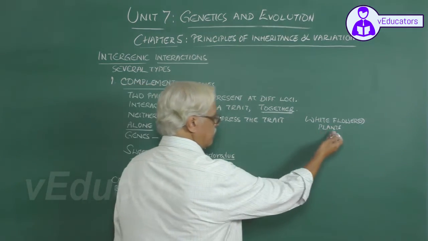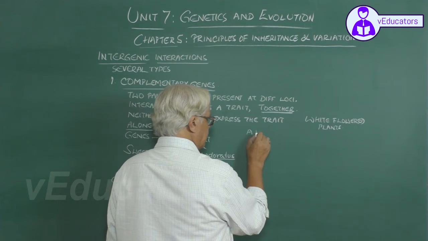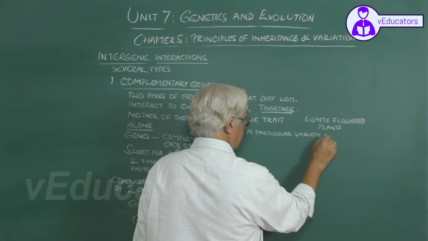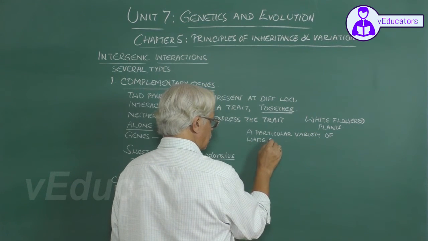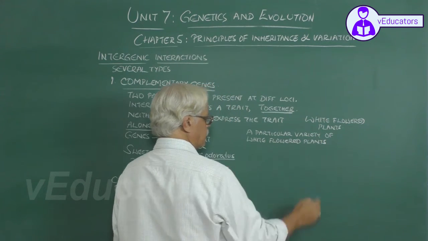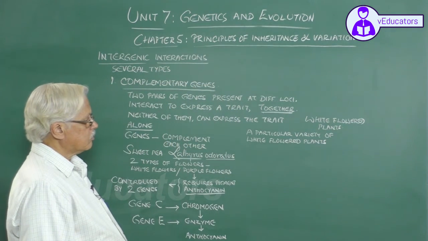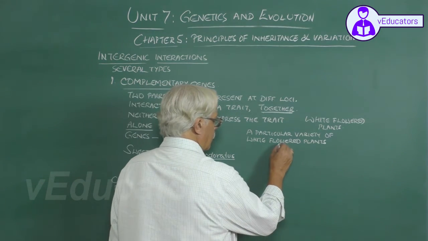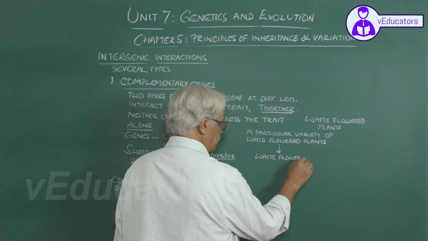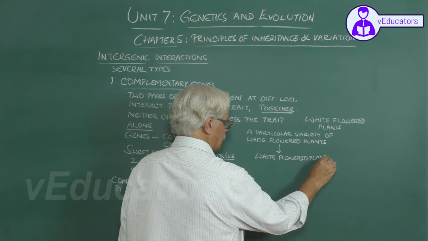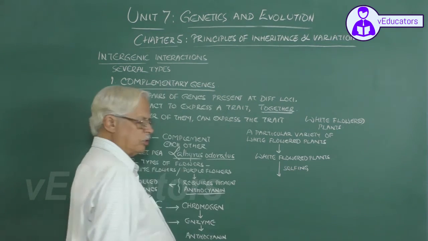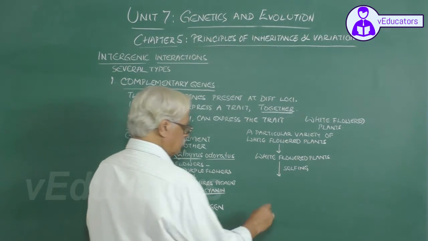There are different varieties of white flowered plants, but a particular variety of white flowered plants, when crossed, result in the production of white flowered plants, and these white flowered plants, when allowed to undergo selfing, you get two types of plants.